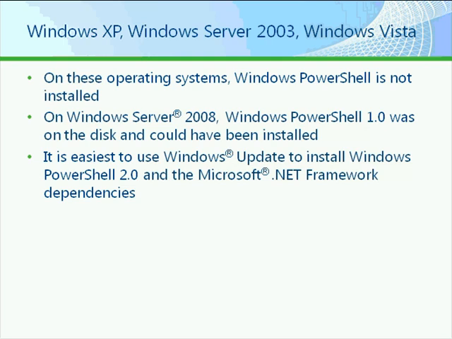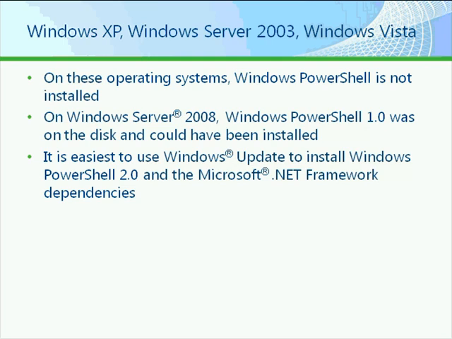It lets you know that on XP, 2003, and Vista, PowerShell is not installed. On 2008, PowerShell 1.0 was on the disk, but it had to be added as a feature. And I've already mentioned that the easiest way to install PowerShell is to simply use Windows Update. You can approve it on a SUS server and have it deployed to your workstations and stuff like that.